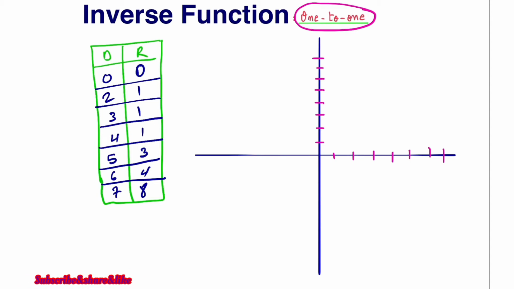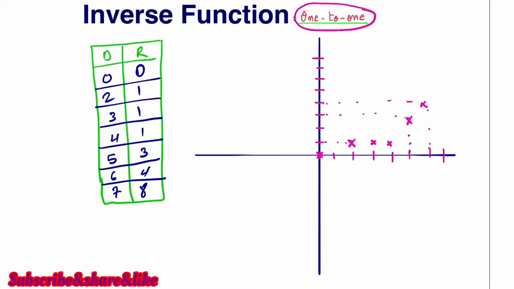We said 0 gives us 0, it's this point here, and 2 gives us 1 is here, and 3 gives us 1 as well is here, and 4 gives us 1 as well is here, and 5 gives us 3 is here, and 6 gives us 4 is somewhere here, and 7 gives us 8 is here.